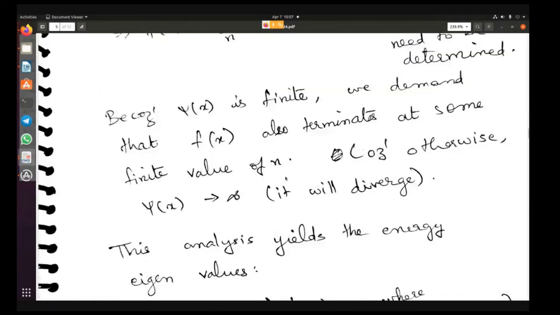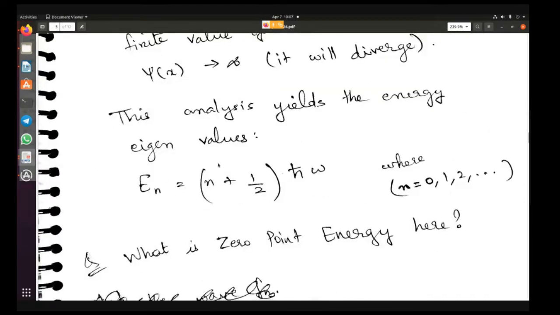You are not getting any two energy levels which are the same. For every n, you get only one particular energy. It is not like for two different values of n, you get the same energy. In that case, the energies would become degenerate. But here it is non-degenerate because for different values of n, you get different energies.